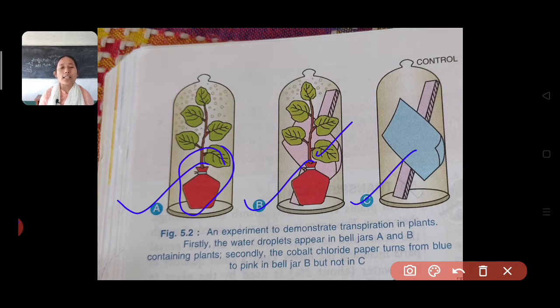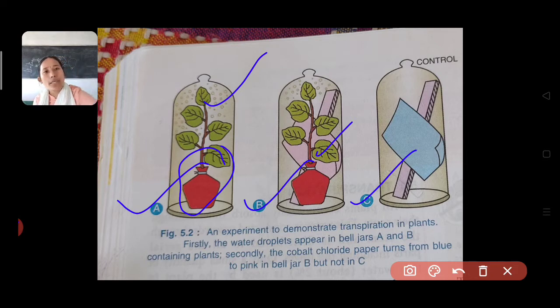Now you will keep all this setup in the sunlight for a few hours. After a few hours, what will you observe? You will observe that in setup A, like in the previous experiment, droplets of water can be seen. Okay, because water loss has occurred through the leaves of the plant, so you can see the droplets of water.